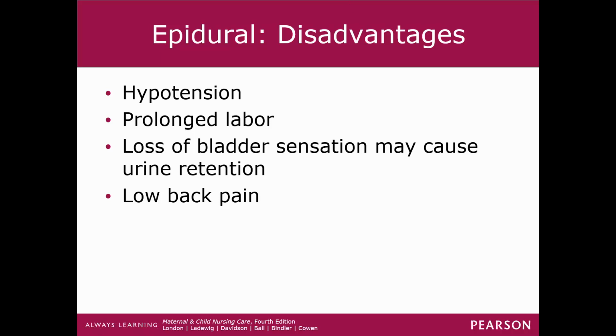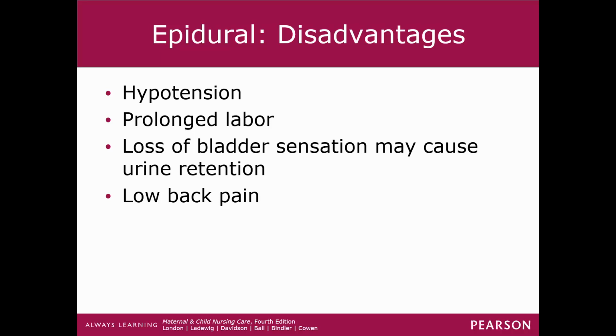But even if she's not having a lot of signs and symptoms, and she's just having hypotension, it could be enough to affect the baby. So now we're going to have a non-reassuring baby pattern on the monitor, and we're going to have to treat mom so that we can treat baby. Okay, so that's your biggest complication that you're going to watch for immediately after that epidural is placed. And then it could prolong labor.